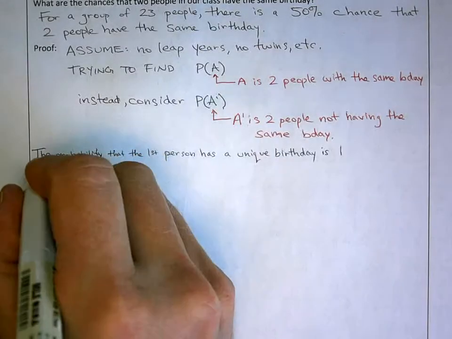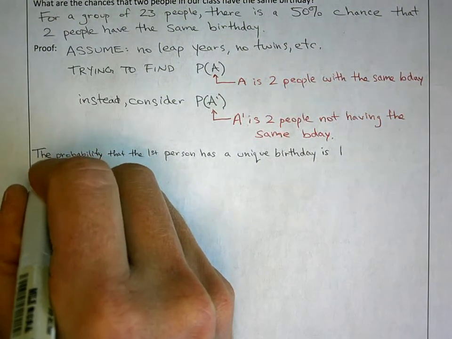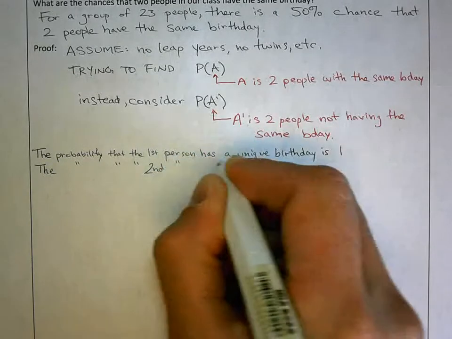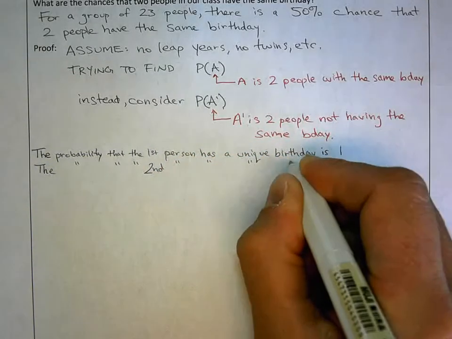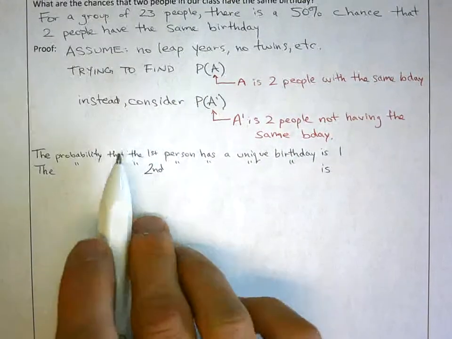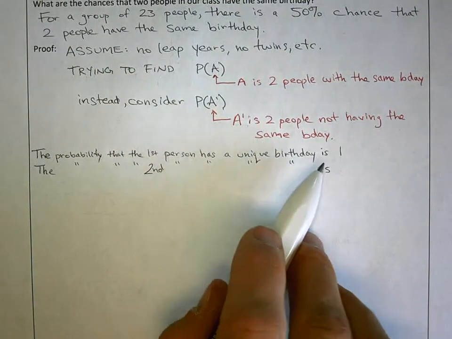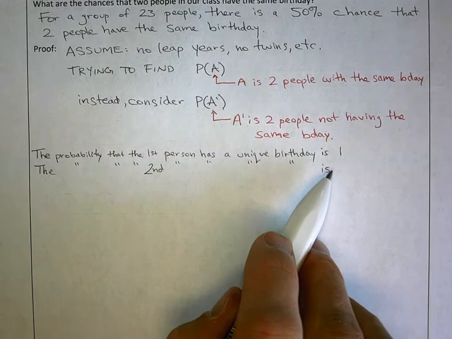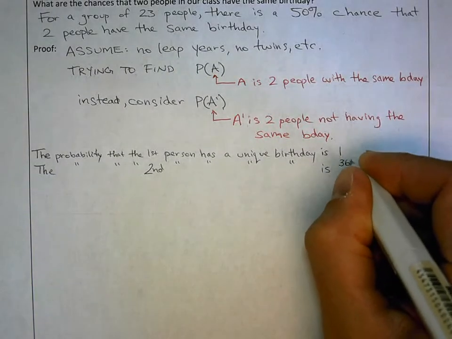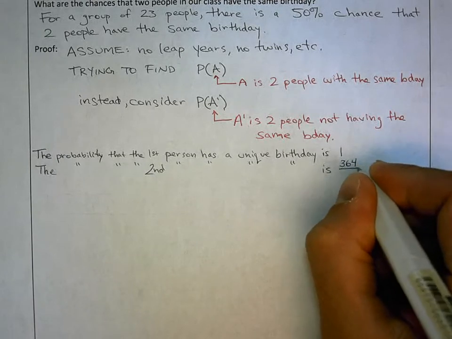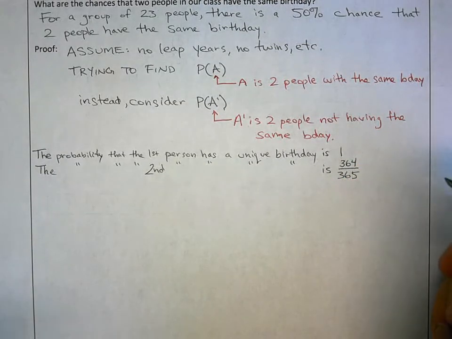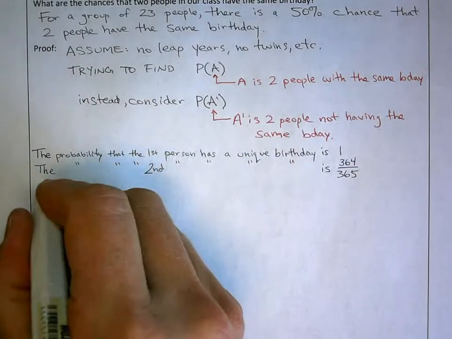The second, then, let's look at the probability. Let's interview the second person in the class. For them to have a unique birthday, remember, not having the same birthday, the first person said March 18th. The probability that the second person's birthday is not March 18th is 364 days left in the year out of 365. So that probability is very high. Let's continue.